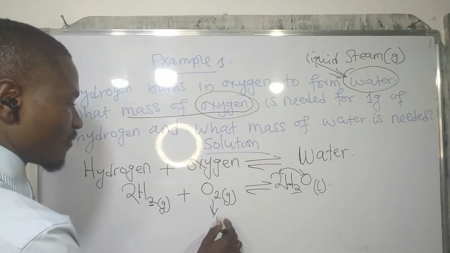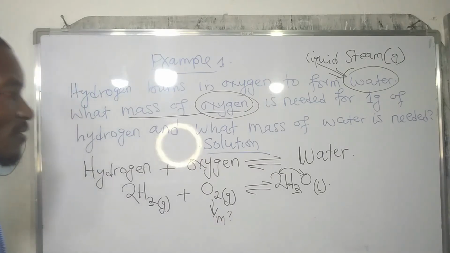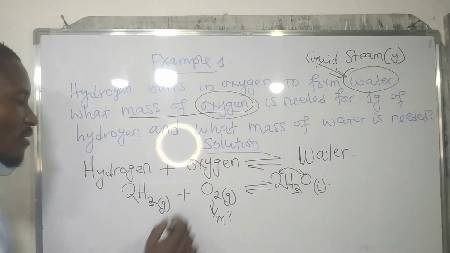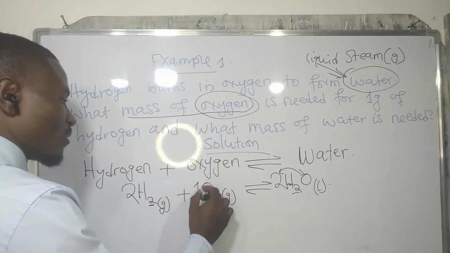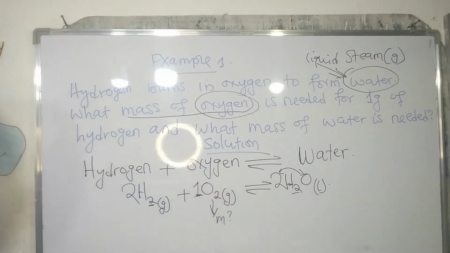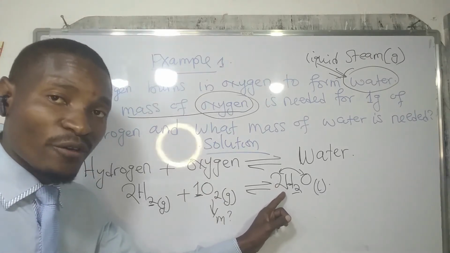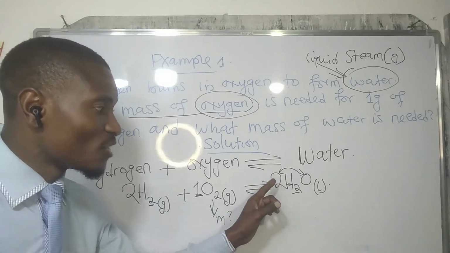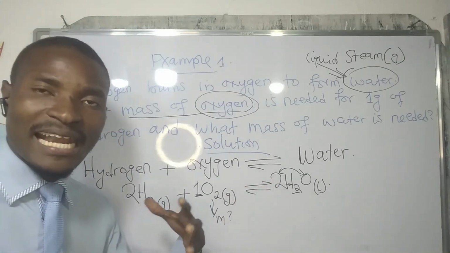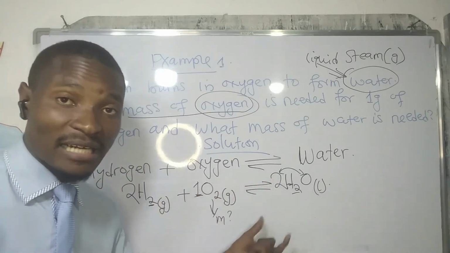So we don't have the mass there for the oxygen, but we know that there is just 1 mole of oxygen. So we can use these numbers, the balancing numbers or the coefficient numbers, as the number of moles that are reacting. Okay.